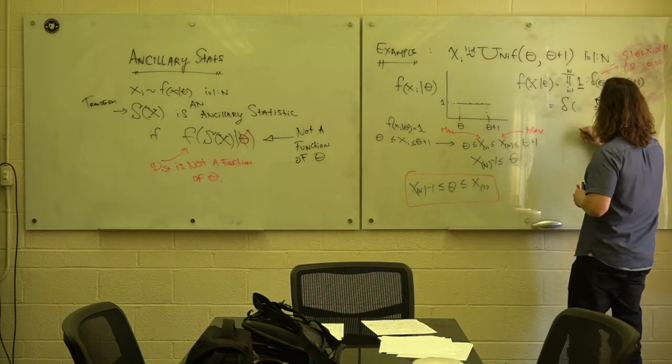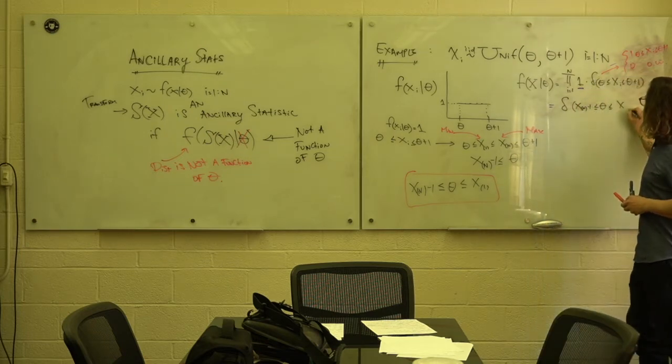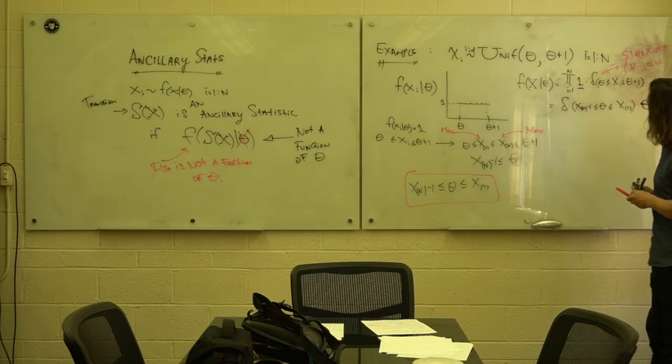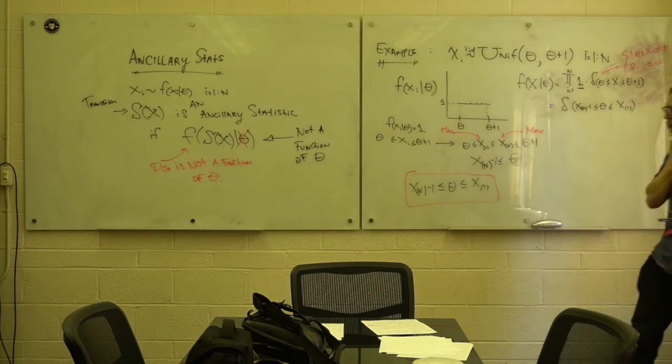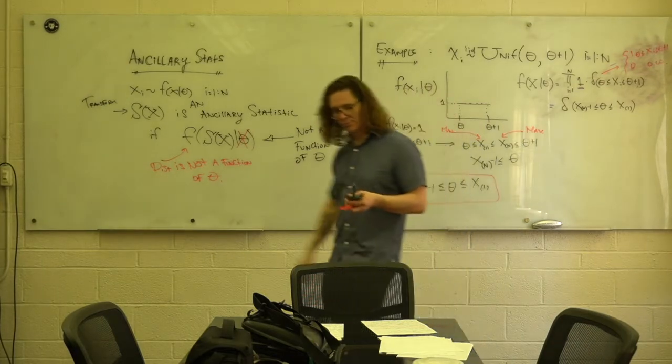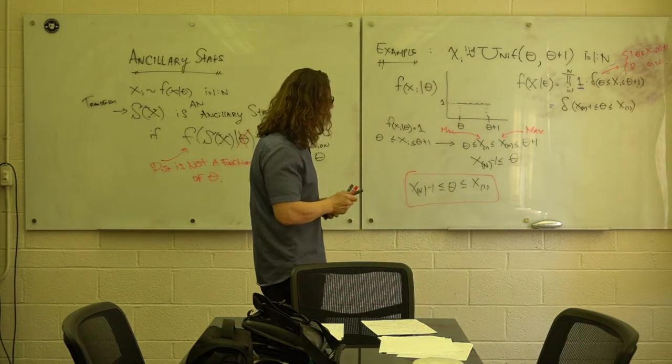I like to think about it as a function of theta, so I usually write it just a little bit different. xn minus 1 to x1. So this function is a 1 if that function is a 1. So this is a 1 if theta is in there. So I could tell you where I think theta lives in this interval right here, and it could tell me what theta is.